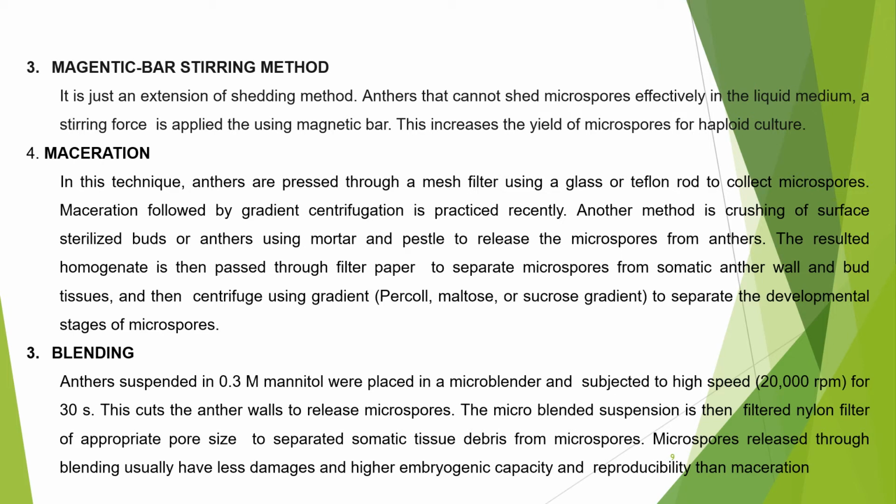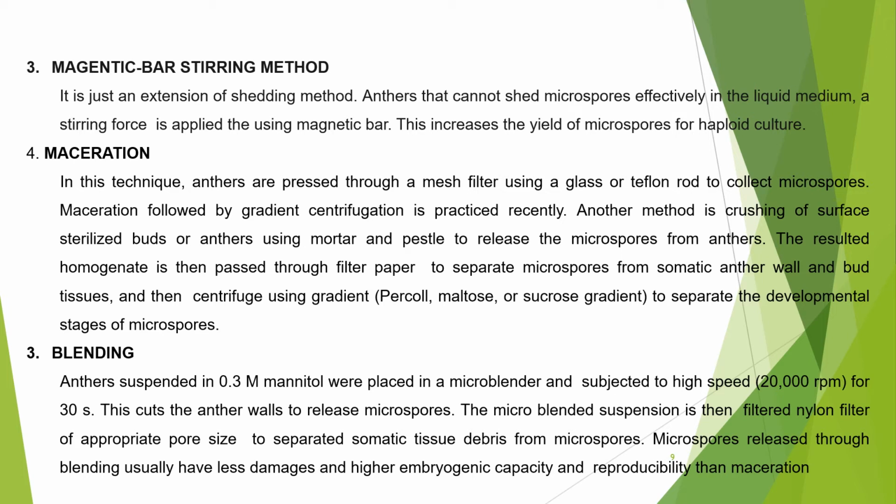Magnetic bar stirring method is used in cases where the anthers cannot shed the microspores effectively in the liquid media. In such cases, a stirring force is applied using magnetic bar to release the microspores. Maceration.